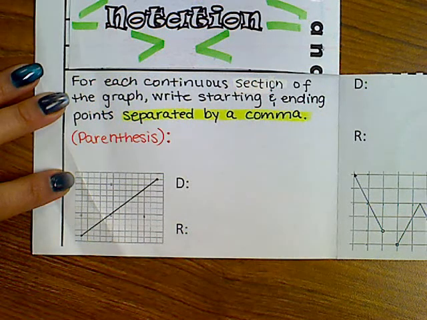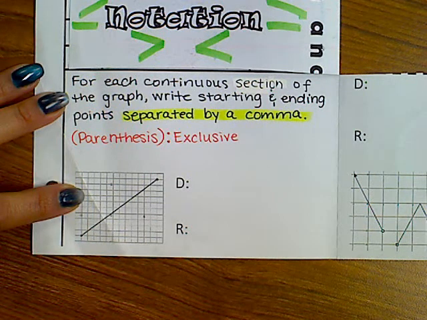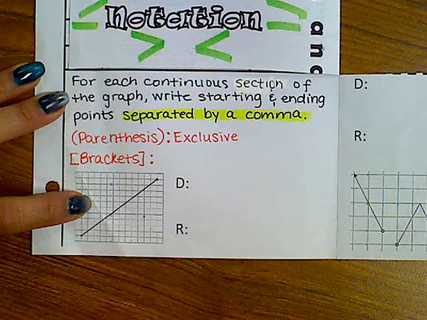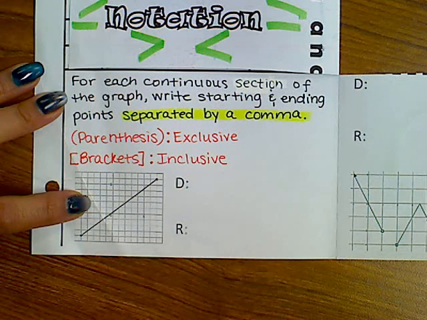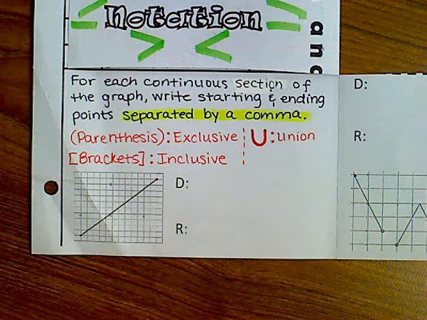We use parentheses for exclusive data. And lastly, we have a weird symbol that looks like a horseshoe shape. This U shape represents union, and it brings different parts of a function or a relation together.